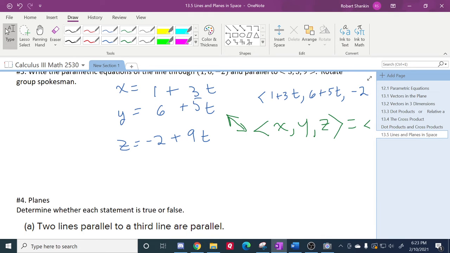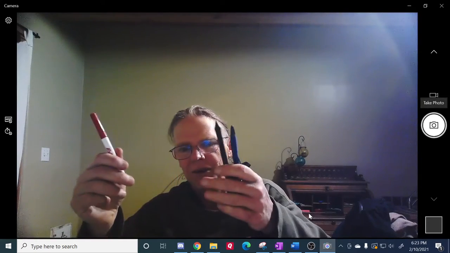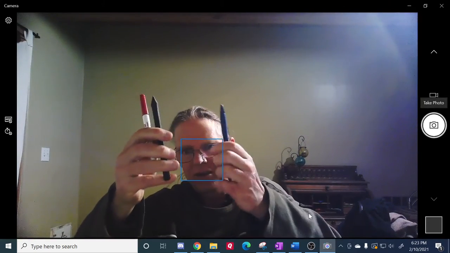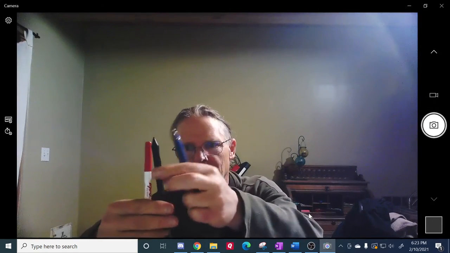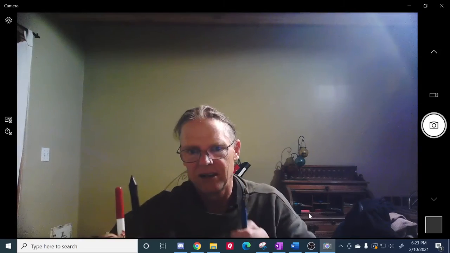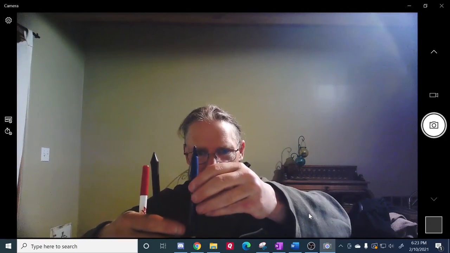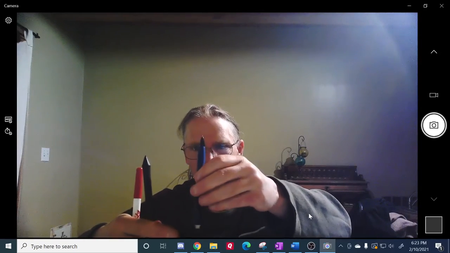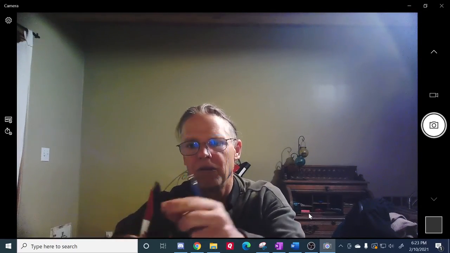So instead of drawing lines, I might hold up pins. These two pins are parallel. Now I take this other one, and let's say it's all parallel to the one with the red tip.